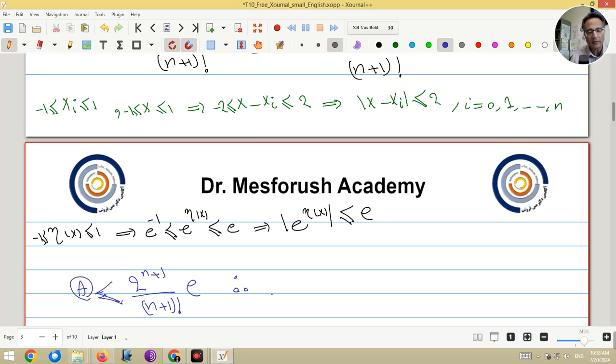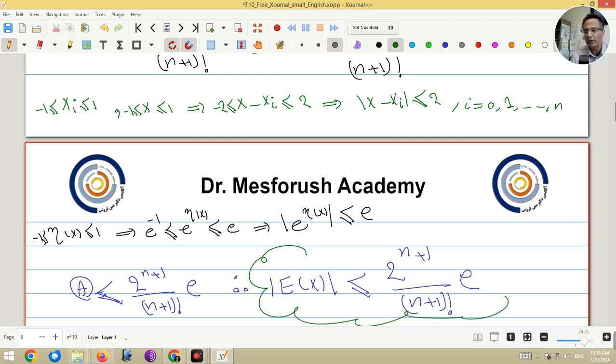And this gives the desired result: less than or equal to 2^(n+1) over (n+1)! times e, and this is exactly what we want to prove. This completes the proof. So this is another problem.